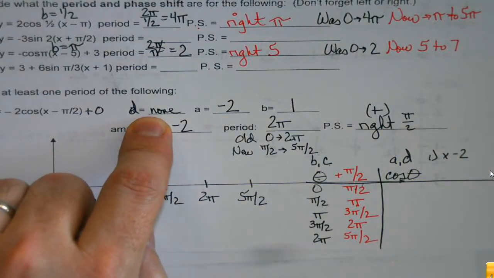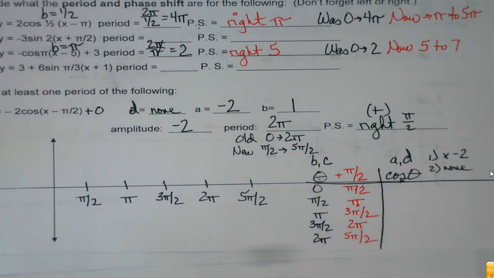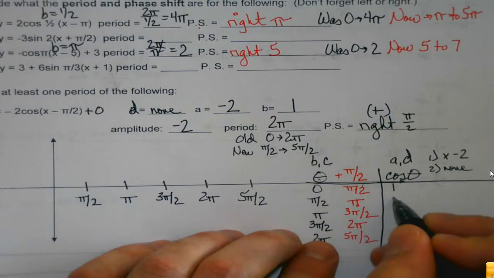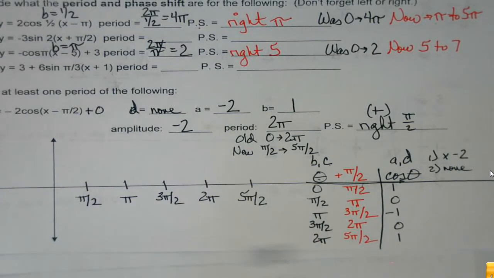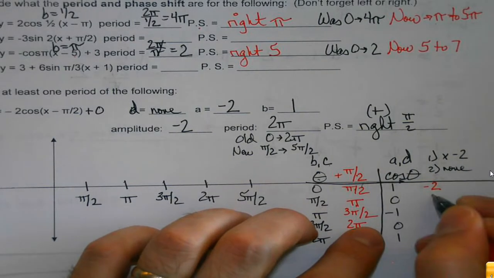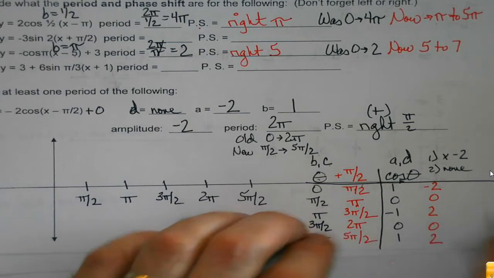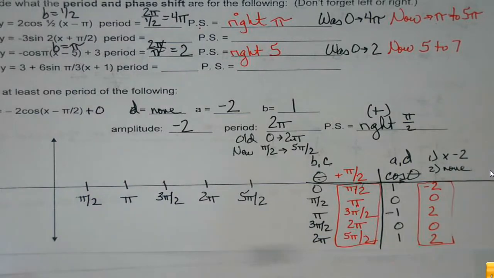My D is none or 0, so I don't have to do anything for that part. So it's just multiply my cosine values by -2, and I'm good. Negative times negative is positive. And I've got my points to plot.